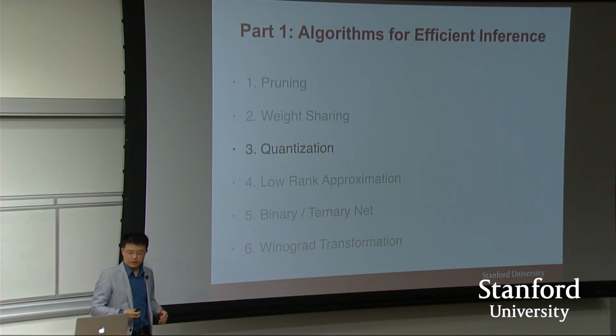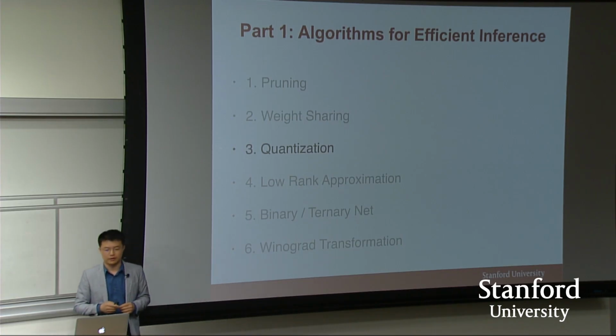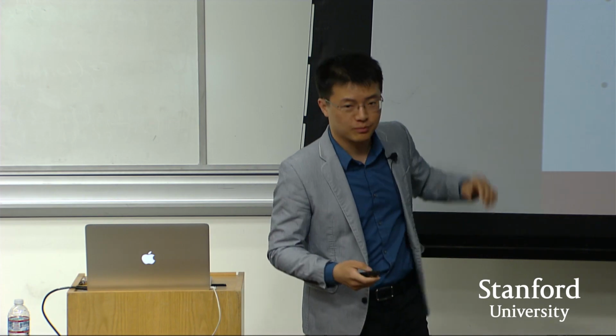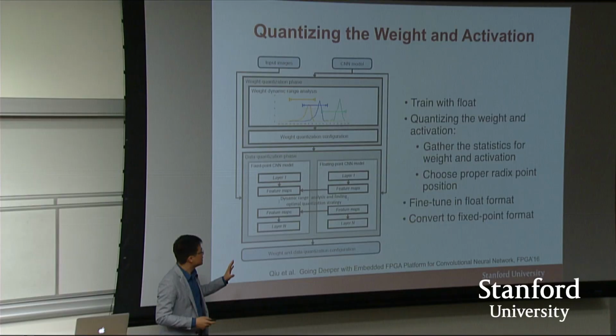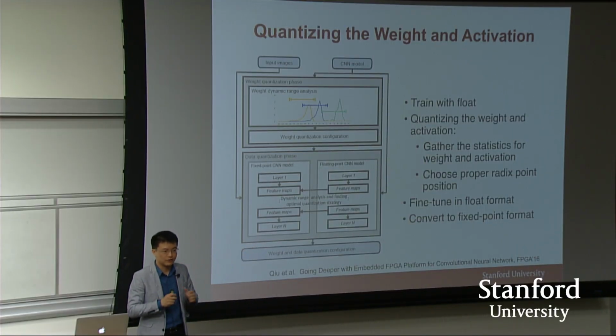Having talked about weight pruning and weight sharing, which is a nonlinear quantization method, I'm going to talk about quantization, which is widely used in the TPU design. The TPU design is using only 8-bit for inference. And the way they can use that is because of quantization. Let's see how it works. This is a complicated figure, but the intuition is very simple.